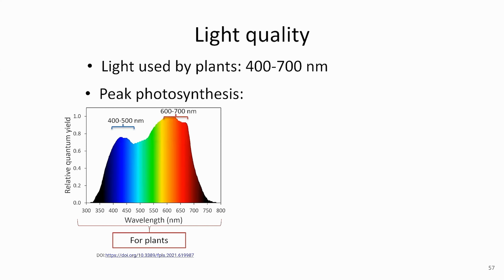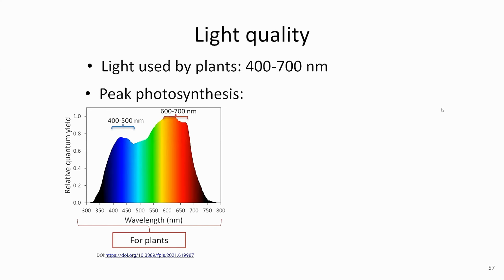Is the light in the right color or wavelength for the plants to be able to use it? The light used by plants ranges from 400 to 700 nanometers, and that's what we have here in this graph. On the horizontal axis, we have the wavelength, which also corresponds to the colors. On the vertical axis, this is the relative yield for photosynthesis for a plant.